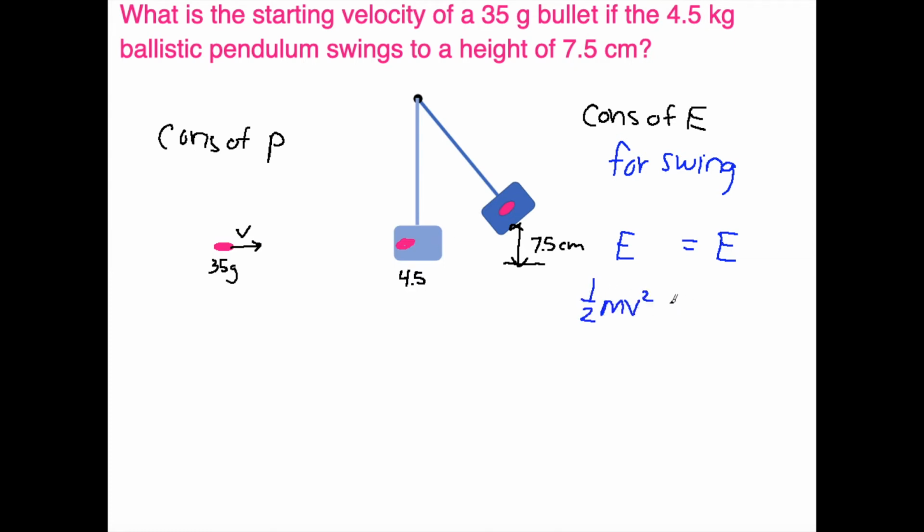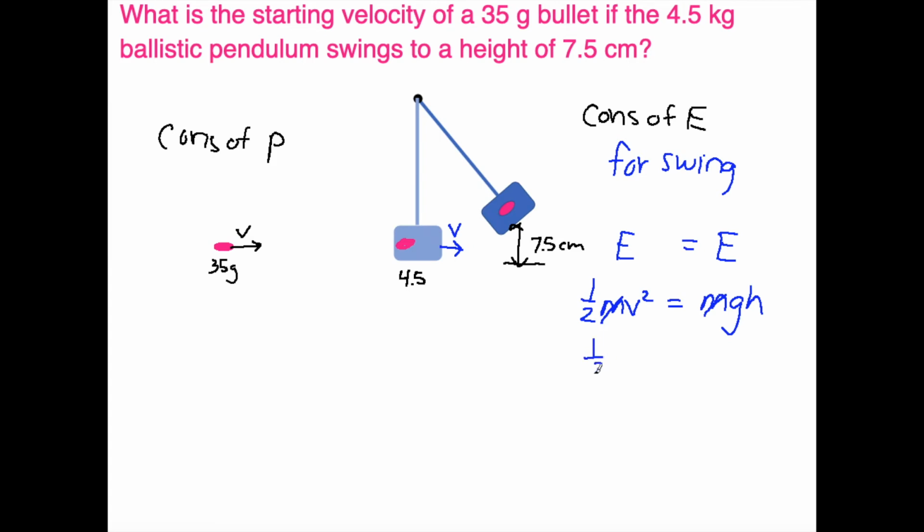I hope you remember some of this. At the top, it's going to be all potential. What I'm finding will be the velocity of these two stuck together. That's the V I'm trying to find, this blue V. That's not my answer, which is black V. All right, so mass can cancel, because that's the mass of those together, and that's the mass of those together.